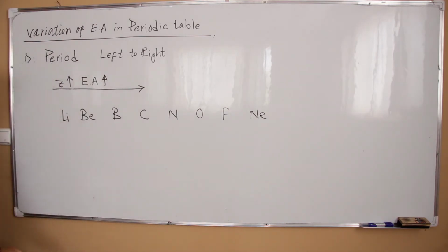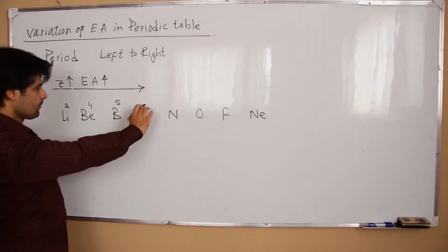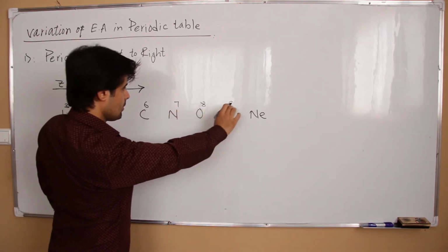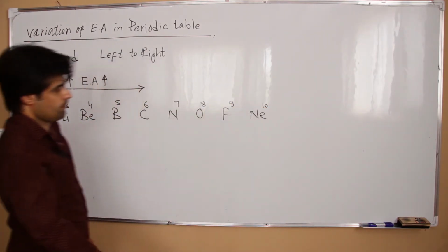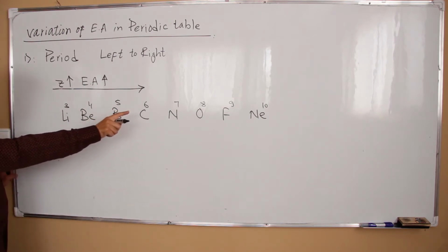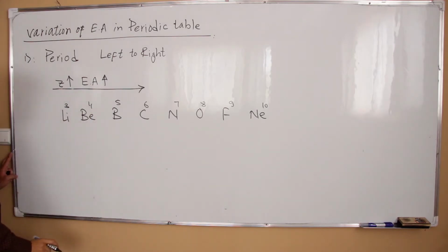Now, what is the atomic number for lithium? It's 3. This one is 4, 5, 6, 7, 8, 9, 10. Now, Z is increasing. If Z is increasing, electron affinity must increase.